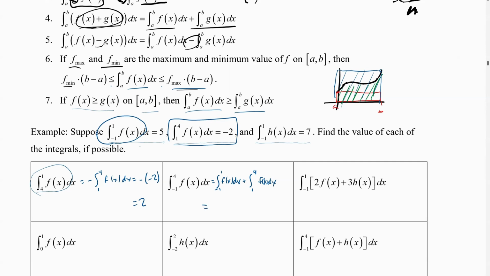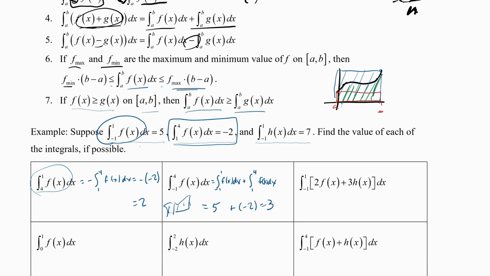So that area from -1 to 1 and then 1 to 4, they add up to the total area. So in this case, this is a 5 from that listing. This is a -2. Looks like this is equal to 3.